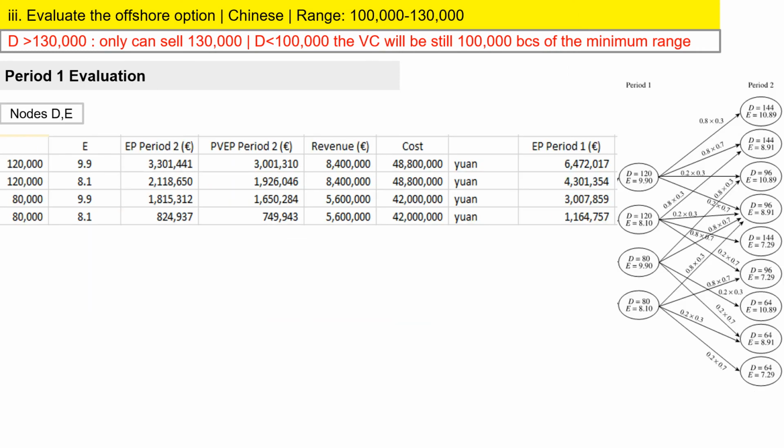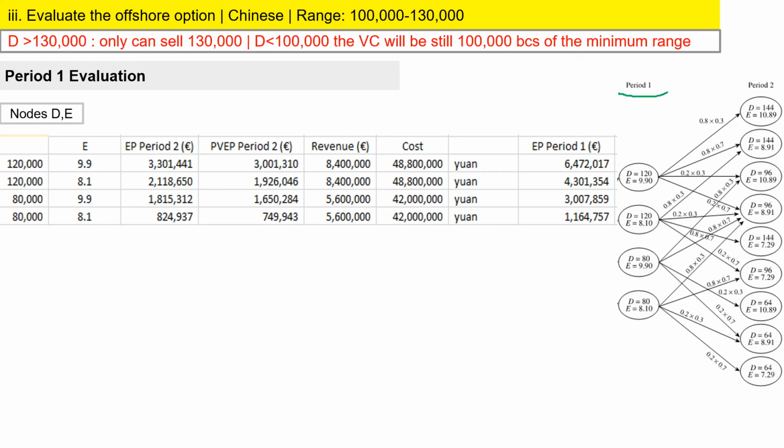Next is the period 1 evaluation. It is also quite the same as the onshore option previously. So these are the table, and this is the decision tree of period 1.